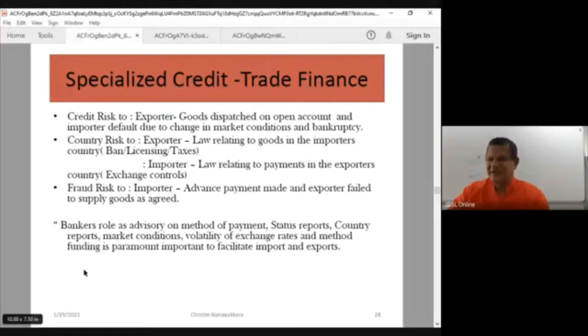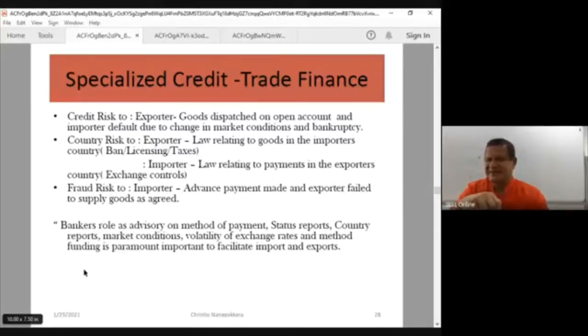So the banker's role in this particular specialized credit is not only granting credit, you also need to become an advisor to your customers about the method of payment. You may be able to collect some status reports of the buyers.